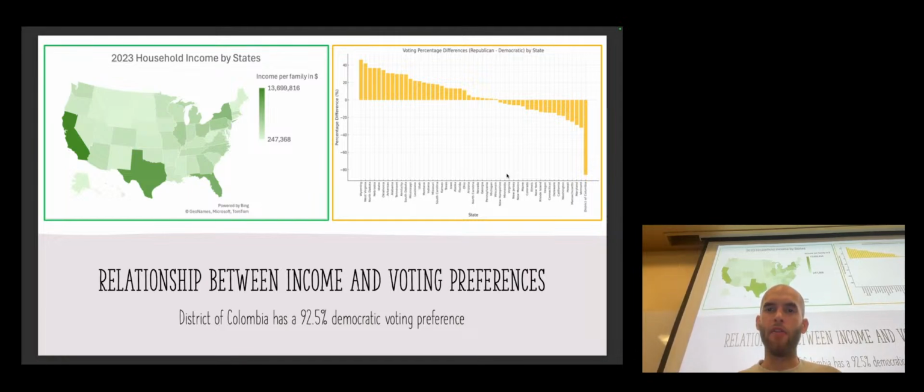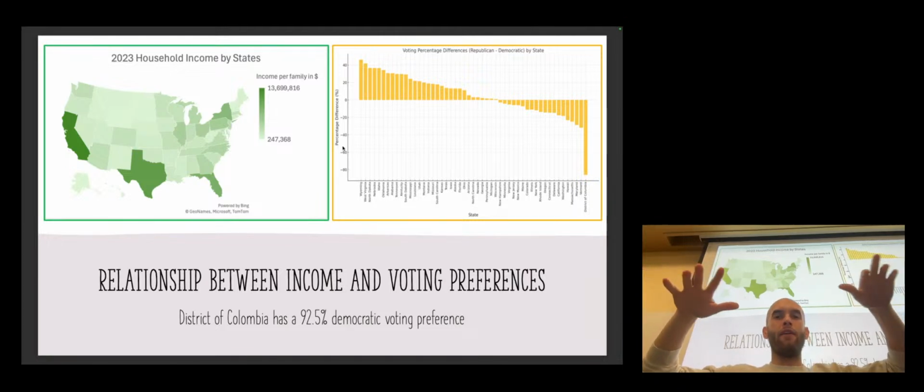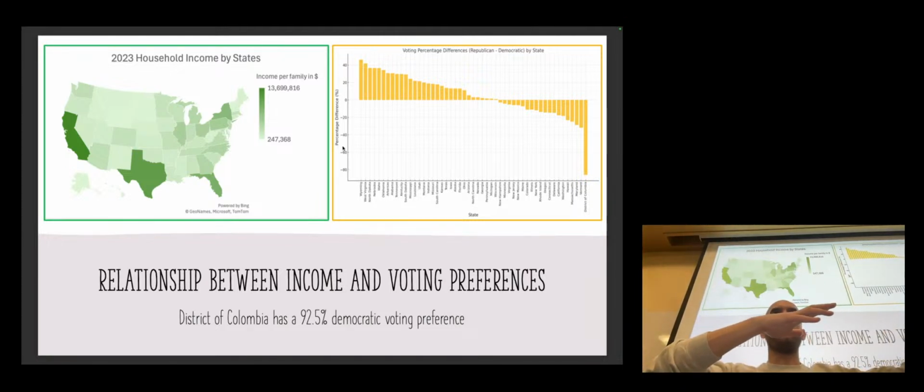And then they also looked at the difference in vote share by state. So this is all 50 states, and then they just took the difference between the Republican vote share and the Democratic vote share. So if it's 0, then it's a tie. And if it's positive, then it's more Republican. And if it's negative, then it's more Democrat.